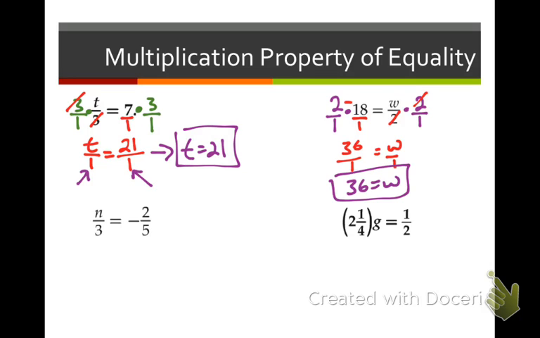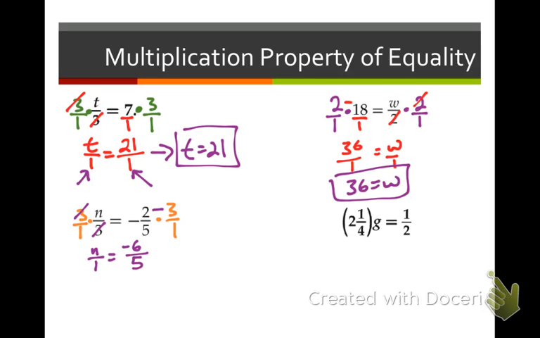So here, again, we're going to solve for n. We're going to multiply by the inverse, which is 3 over 1. If the 3's on the bottom, we multiply by the 3 on top. We do the same thing to the other side. So now the 3's go away, and we have n over 1 equals, multiply across, negative 6 over 5.